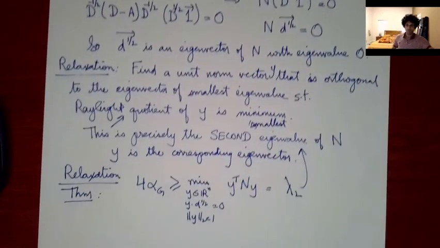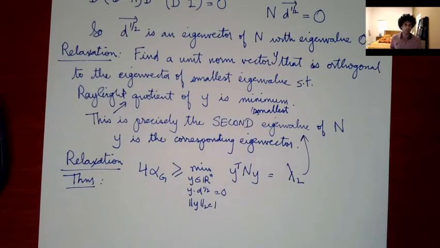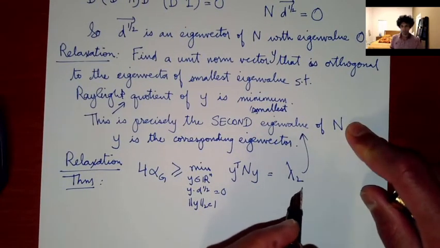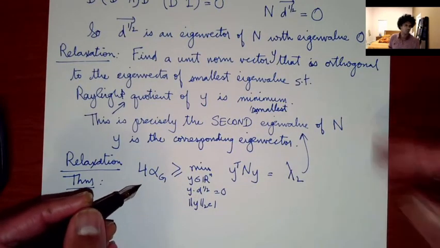Okay, this is the relaxation. This is actually the easy side of Cheeger, which says that the second eigenvalue of the normalized Laplacian is a lower bound on the sparsity up to this constant 4.